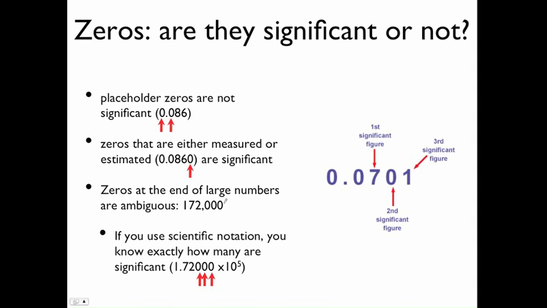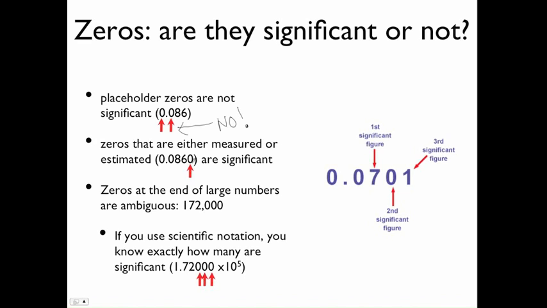So, some ways to figure out significant figures. Zeros are usually really complicated for people because they're in the middle and they're in the back, and sometimes they're significant, sometimes they're not. If you have placeholder zeros, like if you have a small number and you have 0.0, those placeholder zeros are not significant. Zeros that are measured or estimated are significant.